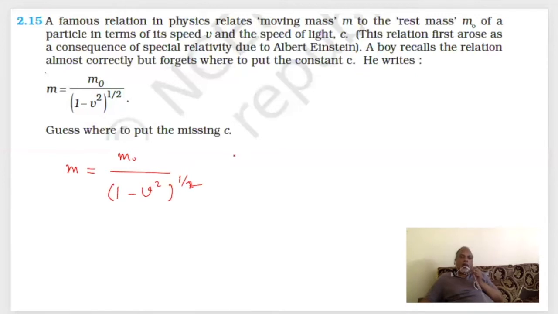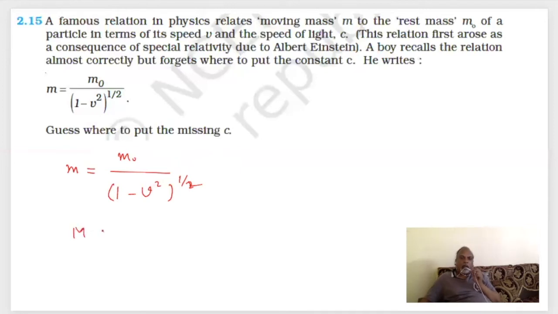Now let us apply the principle of dimensional homogeneity. Here, what is the dimension of the mass?